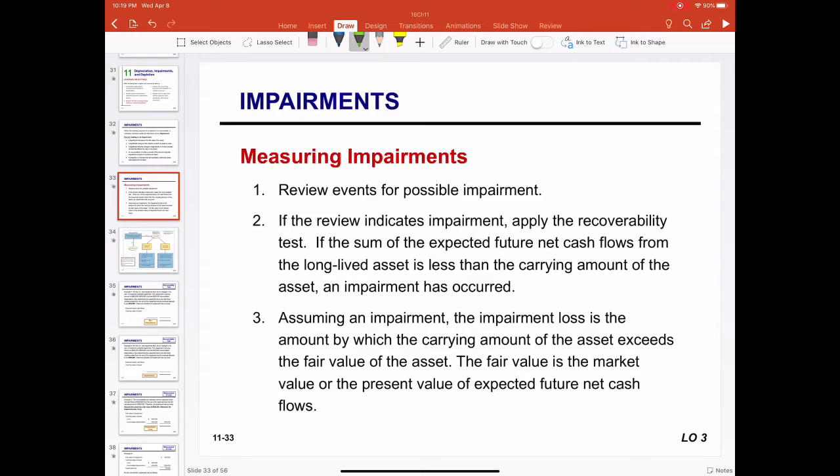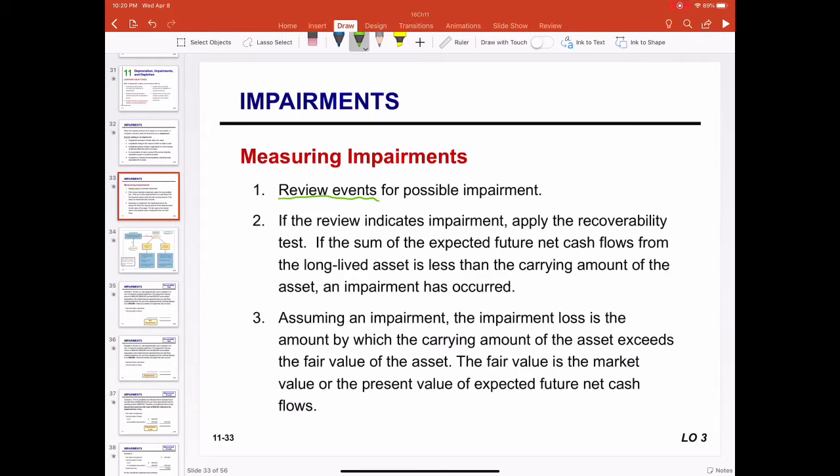So to recognize the impairments of property, plant, and equipment, we should first review the events that may result in a possible impairment. And then we are going to do the impairment test by comparing the book value of the assets with the sum of the expected future cash flow from the long-term assets.